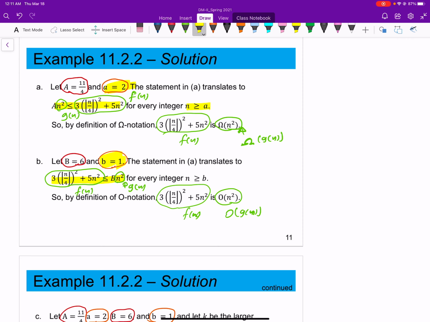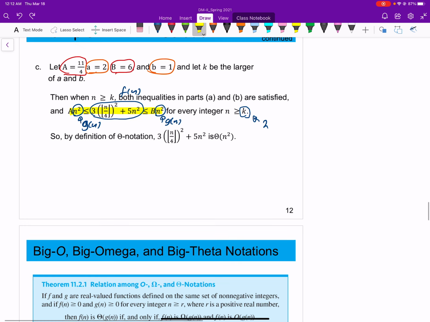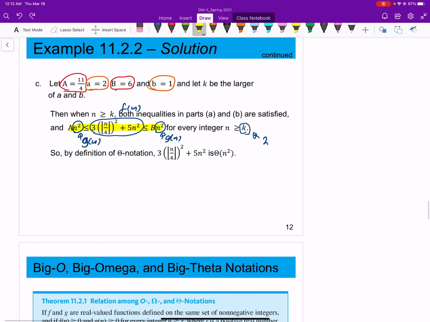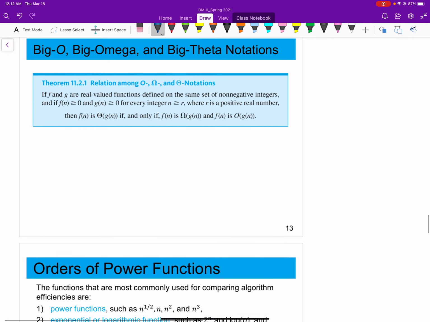So it's better to get the largest among them, which is 2 here. And then I say by the definition of theta, you could write this function, f of n, is theta g of n. Okay, that's part C. Part C is actually an implementation of part A and part B. We have completed the example, and let's move to the next slide.